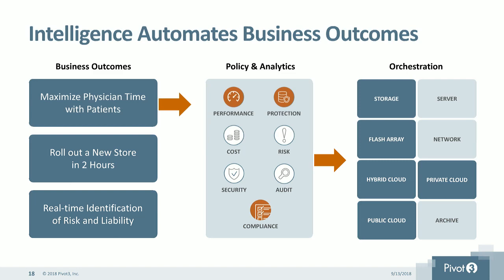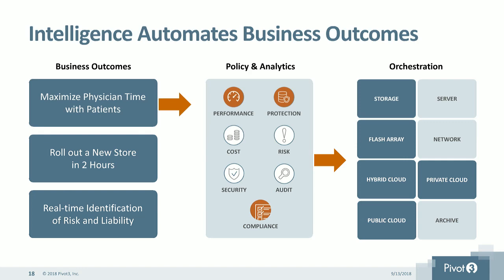And then there are the different aspects of the solution that we're orchestrating around storage and hybrid cloud, public cloud for those different situations. Depending on what the customer's trying to achieve, the business outcome, we can bring to bear our capabilities to meet what they need to achieve, and then help them with that.